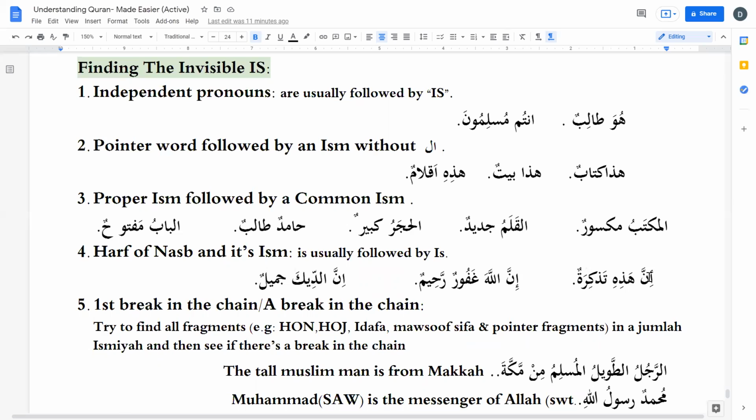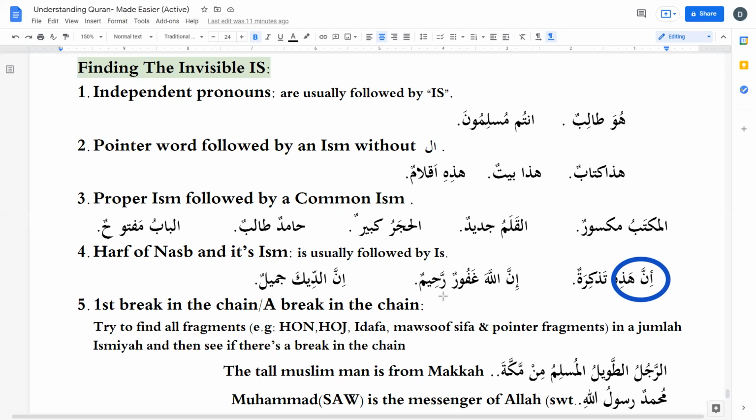It's nasb because it is the ism of inna, right? Because it is fixed, it would look the same, even in nasb status. So inna and hazihi are mubtada, and "is" in translation comes after harf of nasb and its ism. Certainly, this is a reminder.